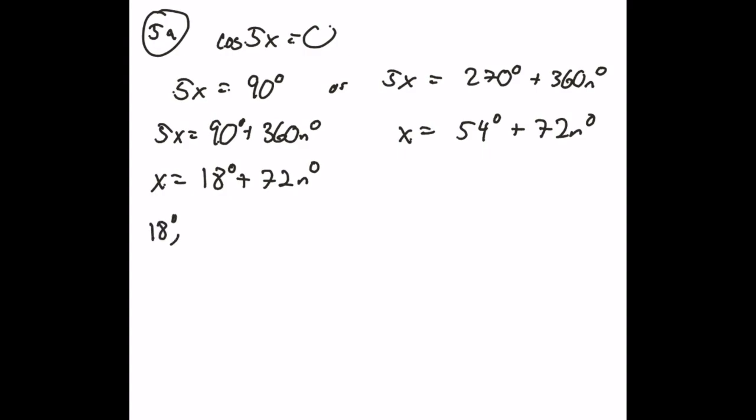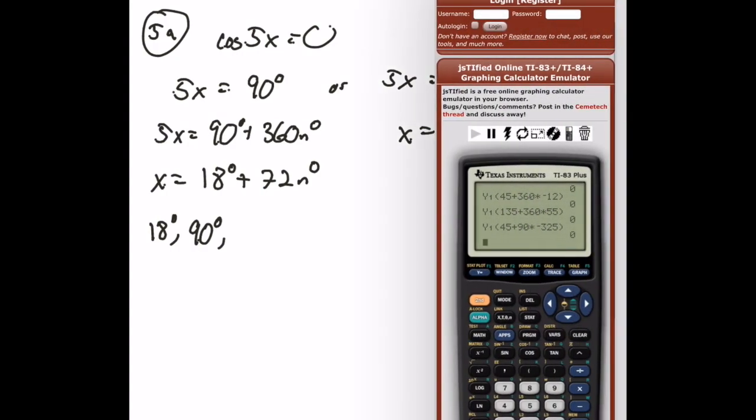When n is 1, that's 90. When n is 2, so I'm going to break out my calculator for this. So what I'm going to do is go to my y equals, I'm going to say 18 plus 72x. When I plug in 0, my answer should be 18, right? When I plug in 1, my answer should be 90. Then I'm going to do 2.